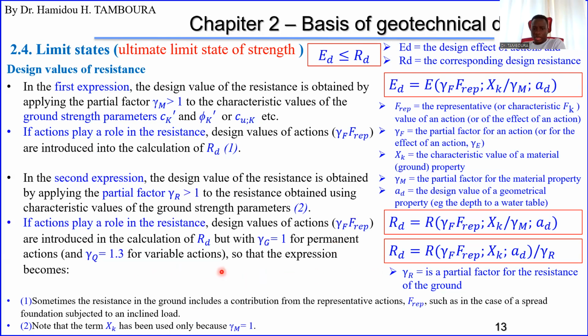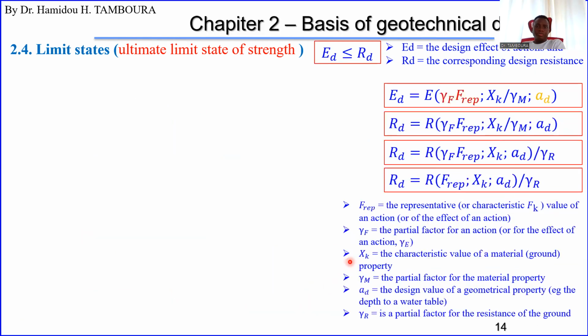So in that case, if we have this as 1, then we can say that this second equation will become this one, only if this is 1. Okay, so we have now all the equations here.